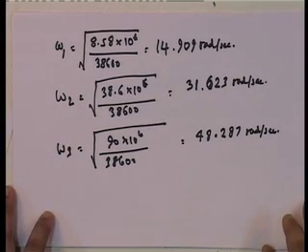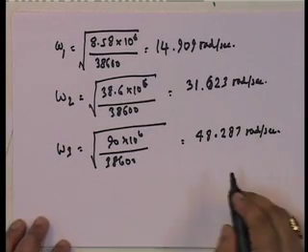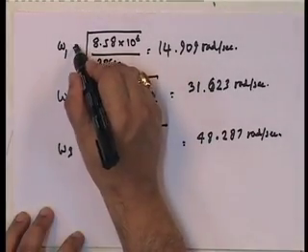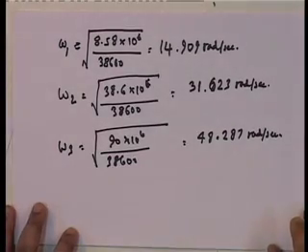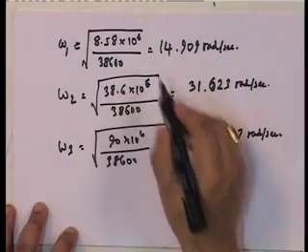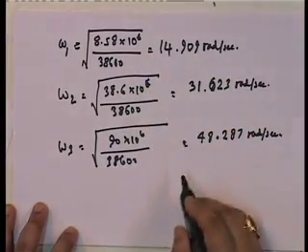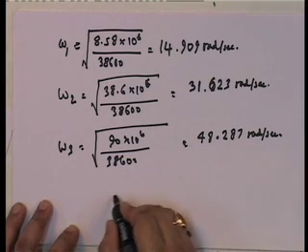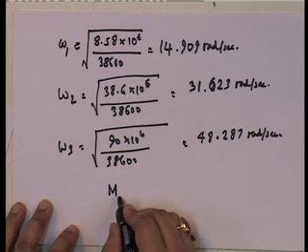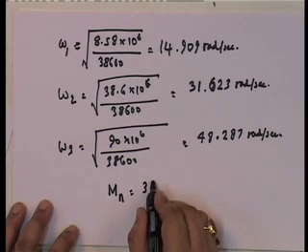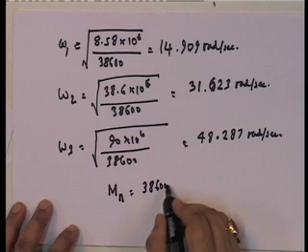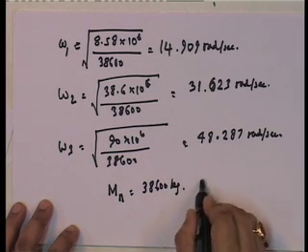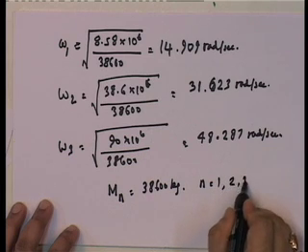So, essentially we have the frequencies, and we have all the M's, Mn is equal to 38,600 kgs for n equal to 1, 2 and 3.